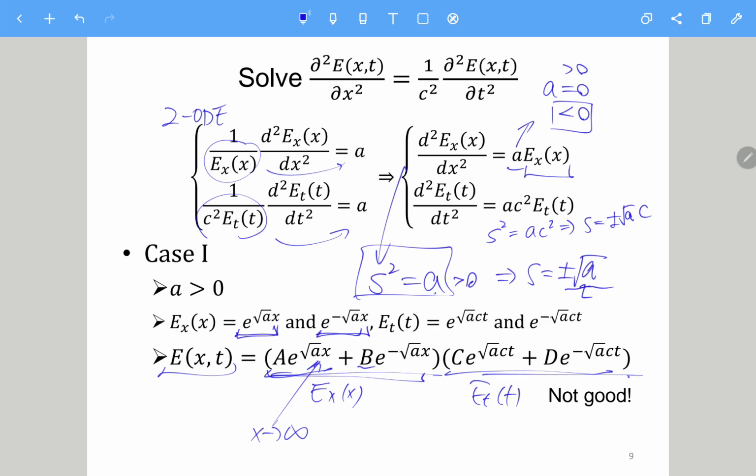This is not good, because as you know, the energy stored in the E field is something like one half epsilon naught E squared.